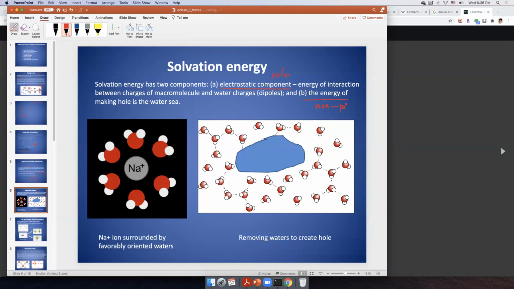Polar means you have positive and negative charges distributions. Nonpolar means you don't consider negative, positive charges. So polar means charged, nonpolar means no charges are considered. So imagine that you put some protein into water from the vacuum into water. You need some energy to transfer a protein or a molecule from vacuum to water.